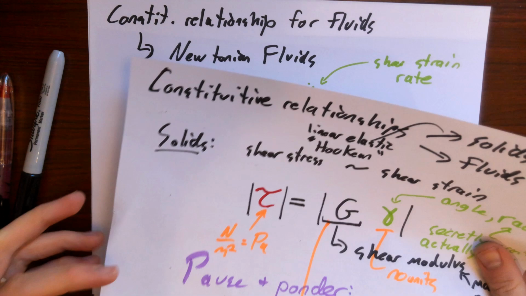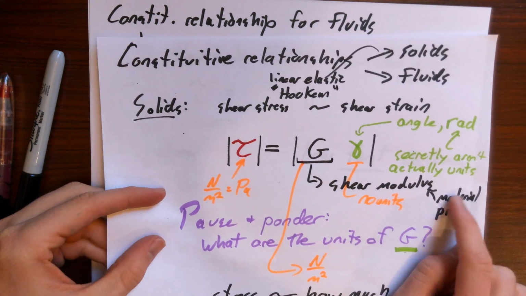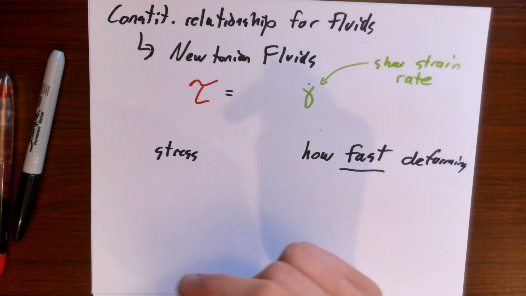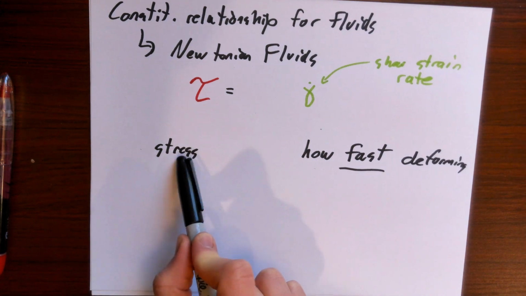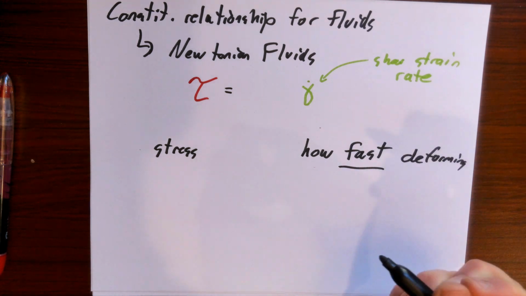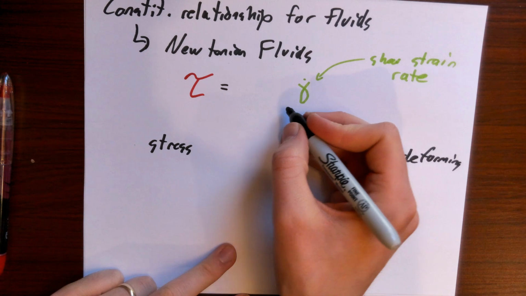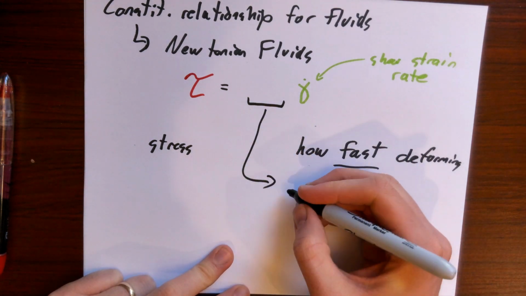In this way, the shear modulus is a material property that makes one solid behave differently from other solids. For fluids, the constant that relates shear stress to shear strain rate is also a material property, and it's called the viscosity.